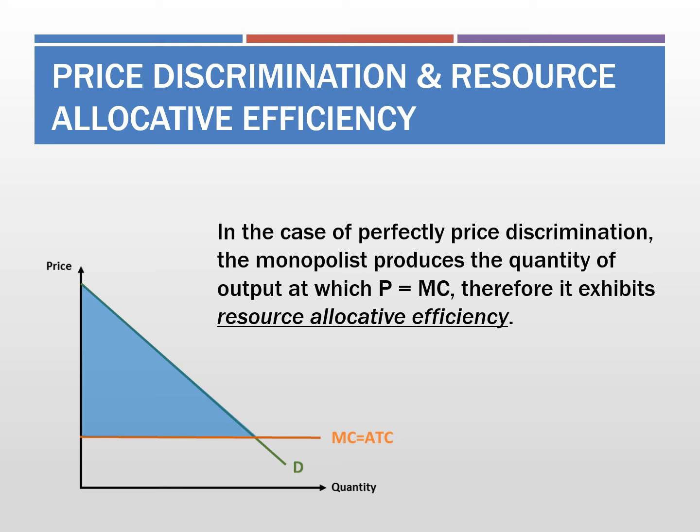We're still providing the resources to produce what people want, to satisfy their demands. That's why, from the social perspective, the perfectly price discriminating monopoly firm is not a bad idea, because it maximizes social welfare in the market.